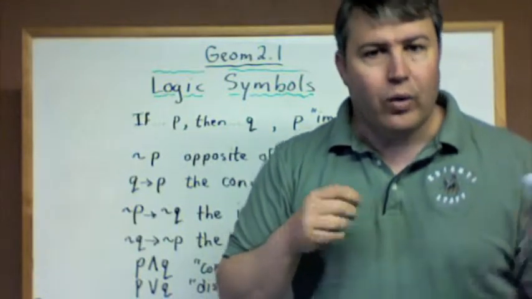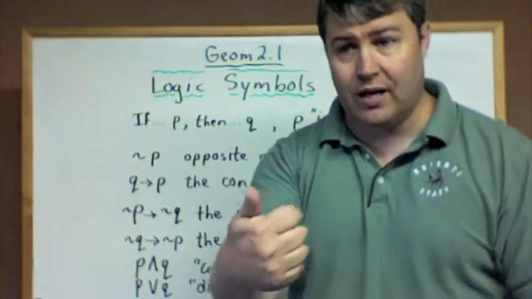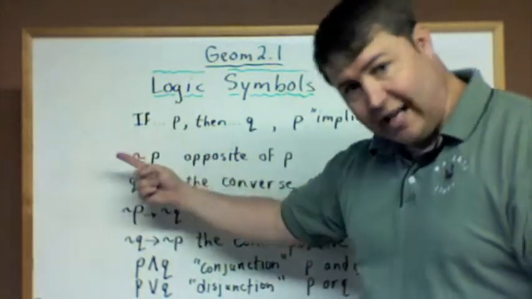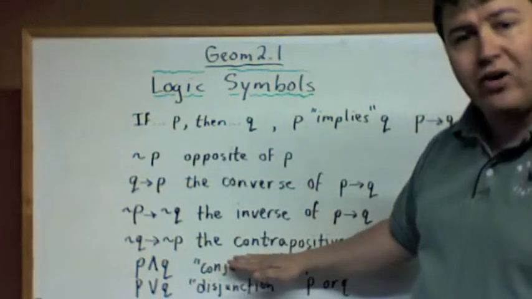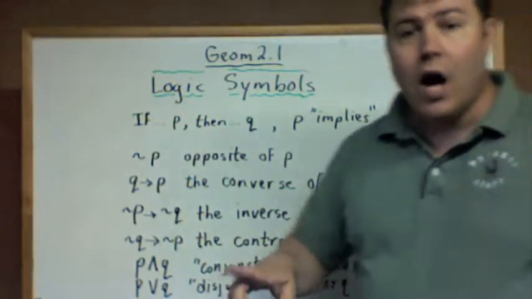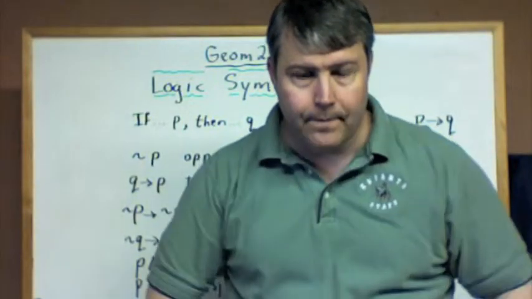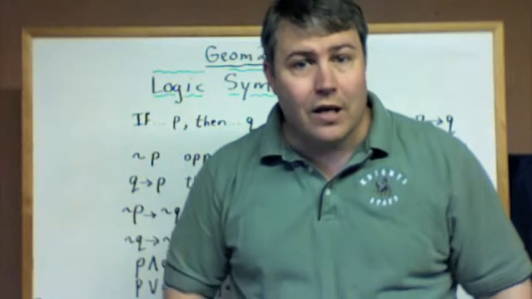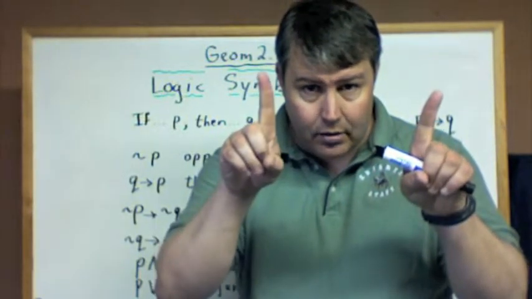All right? We've not established any truth values yet. We're just talking about what a statement is, what a conditional statement is, what negation is, and we've talked about converse and inverse. So let's talk about contrapositive. Converse is take the if and the then and switch them around. Inverse is leave the if and the then but negate them to their opposites.